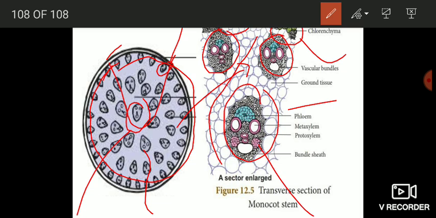The vascular bundles towards the center are large in size as compared to the vascular bundles which lie towards the periphery. And each vascular bundle, as I have already told you, is conjoint, collateral, closed, it is endarch.